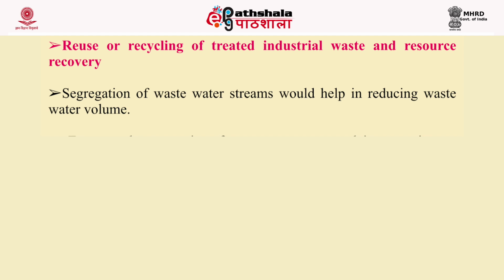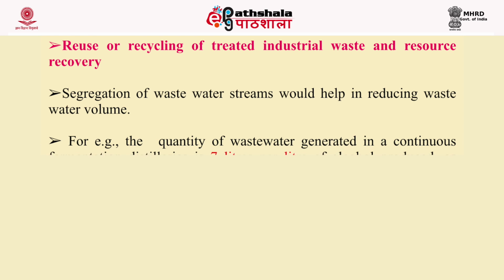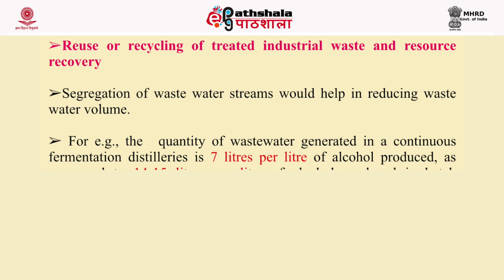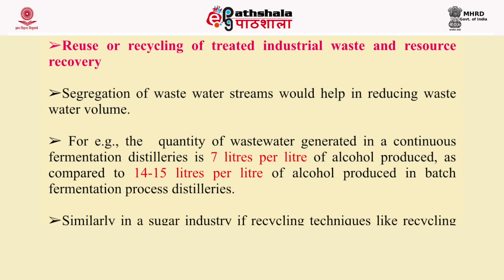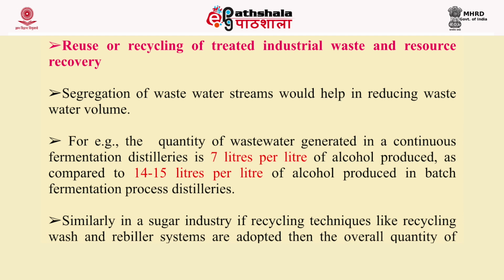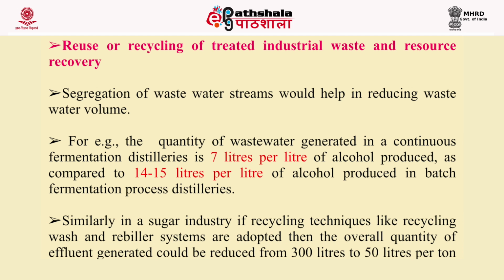Segregation of wastewater streams would help in reducing wastewater volume. For example, the quantity of wastewater generated in continuous fermentation distilleries is 7 liters per liter of alcohol produced as compared to 14 to 15 liters per liter of alcohol produced in batch fermentation process distilleries.